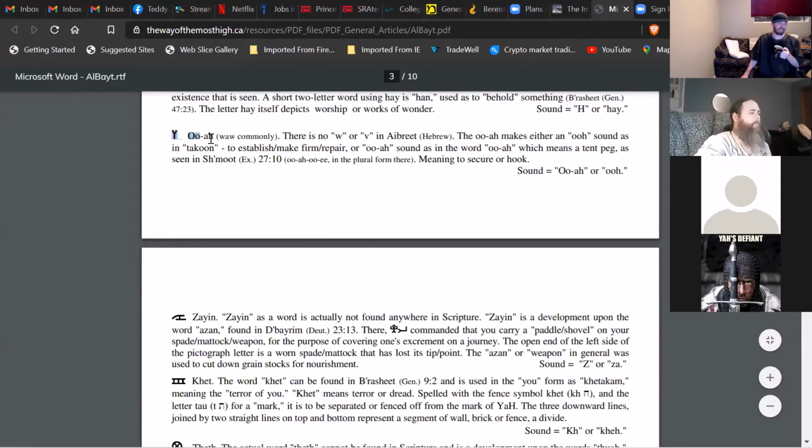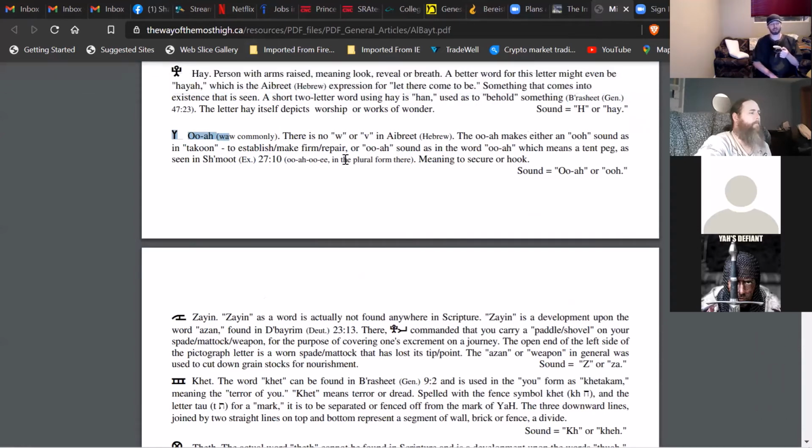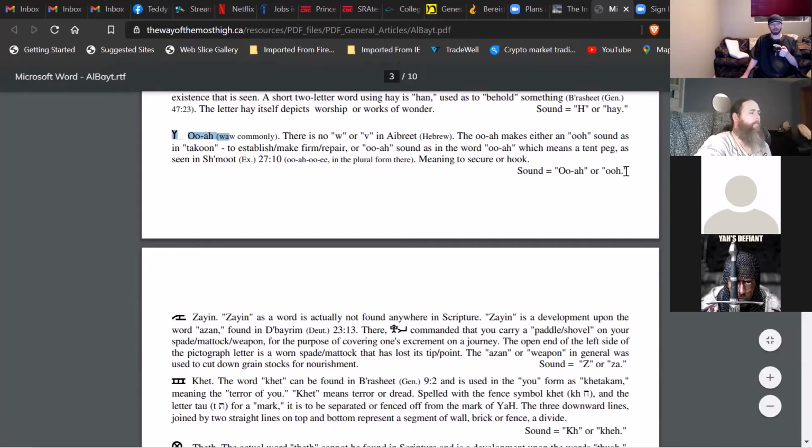We've got the letter Wa now. It's my understanding that they did not have the hard O sound that we have in English. The closest that you would have to that is the letter Ko. But the Wa is usually U or Ua, depending on where it is found within the word.